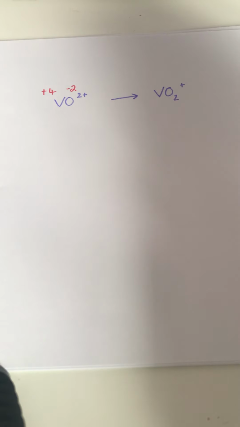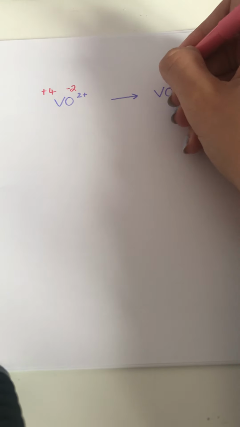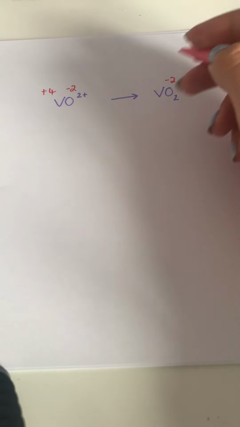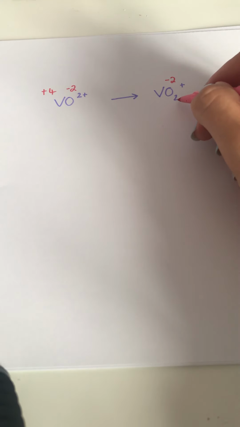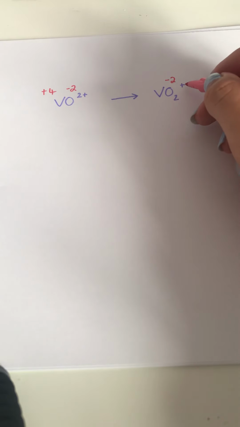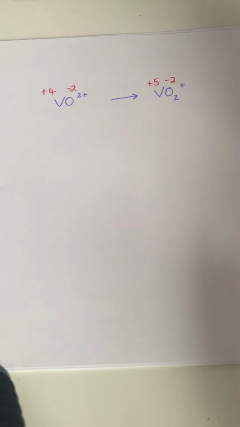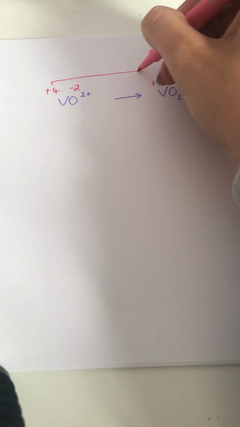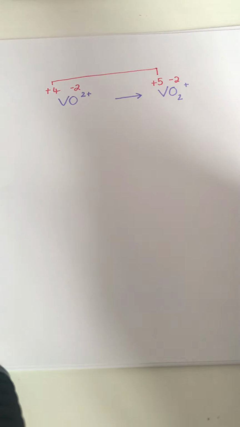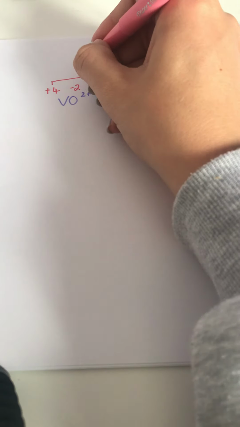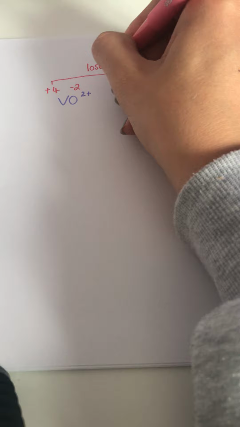On the other side then, I've got oxygen that's a -2, but this time I've got 2 of them. So I'm going to have a -4 charge, and I'm trying to get it to +1 overall. So I'm going to need to have vanadium at +5. So I can see here then that to get from +4 to +5, I have to lose electrons.